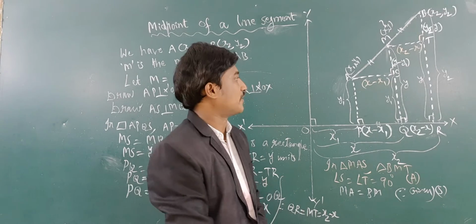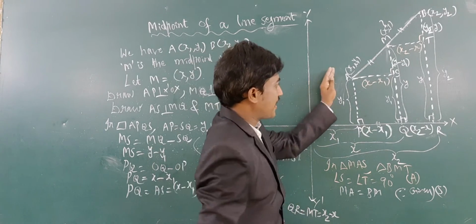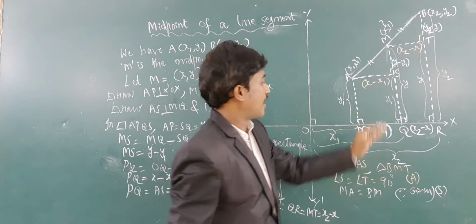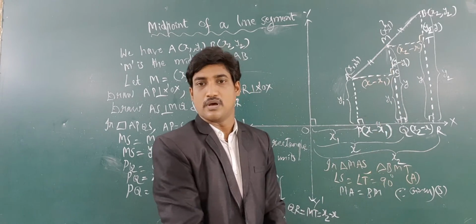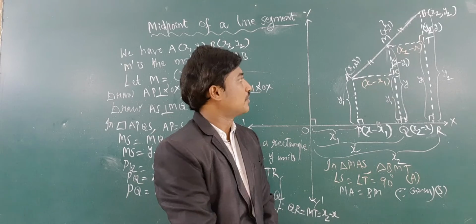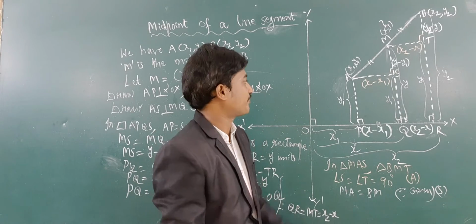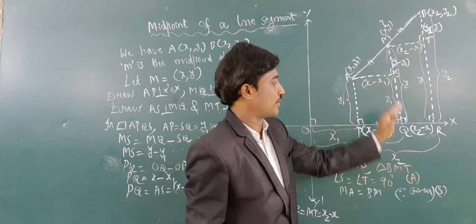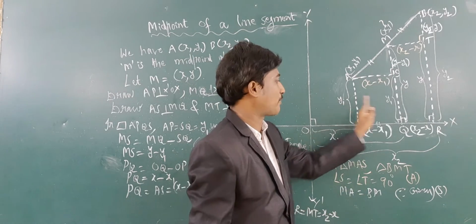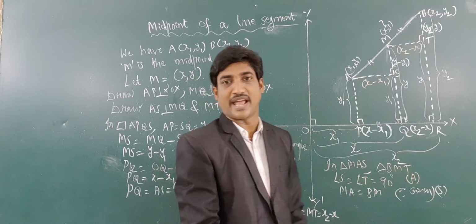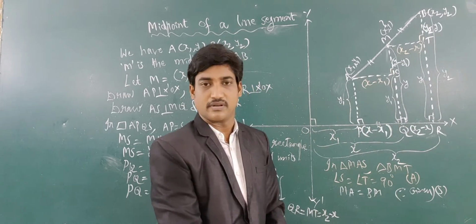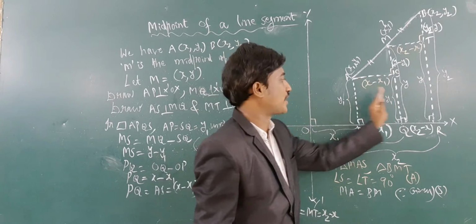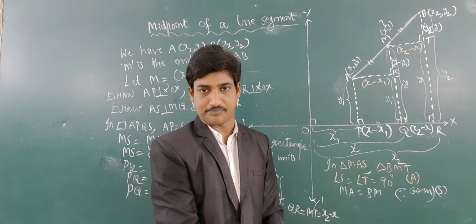Here, if we observe, AP and MQ are two parallel lines, as those are perpendicular to the same line, the x-axis. Lines perpendicular to the same line are parallel.